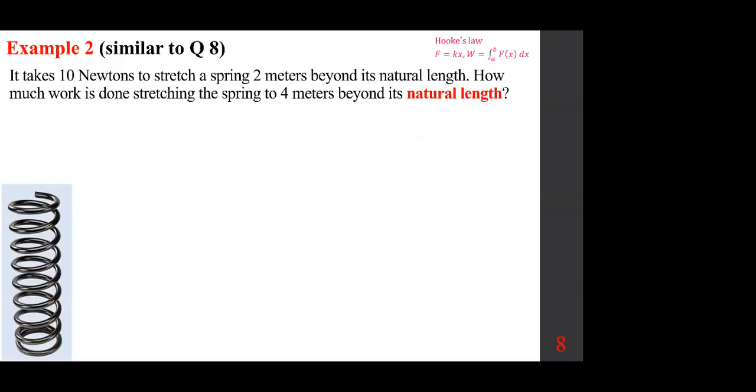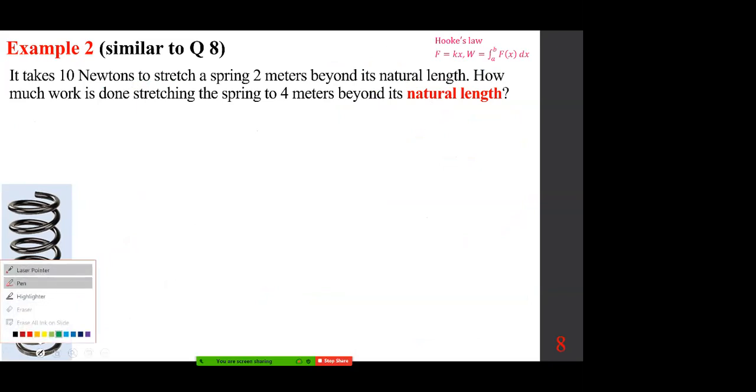It takes 10 newtons to stretch a spring 2 meters beyond its natural length. How much work is done stretching the spring to 4 meters beyond its natural length? We are using Hooke's law, okay? F equals Kx, and the work is the integral from a to b of f of x dx.